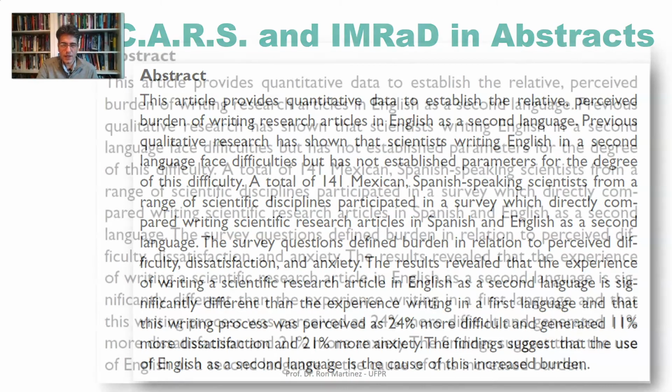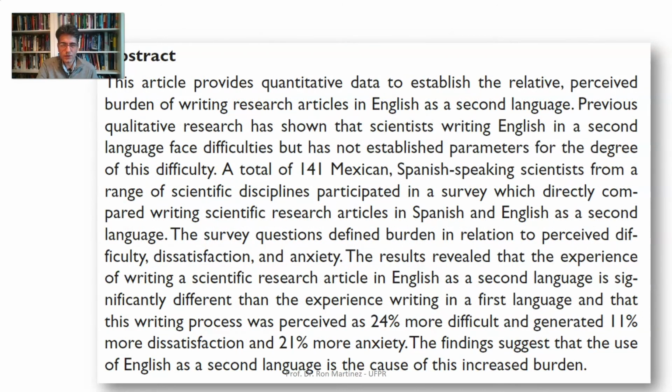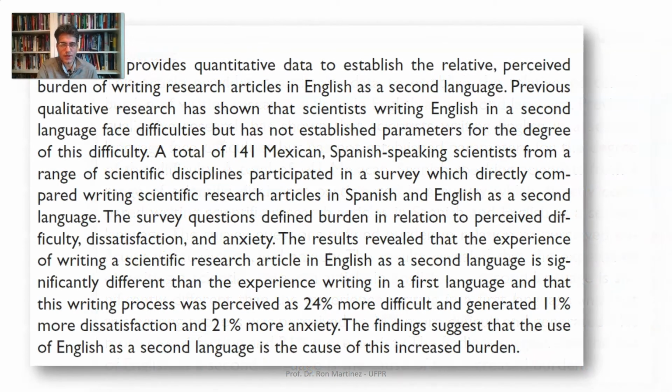And what I want to show you is that if you look at this, it's a pretty good example of how this abstract does a kind of CARS coverage, so the authors create a research space in it, and IMRaD is also present in this.